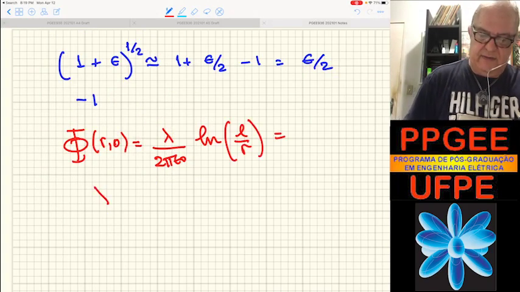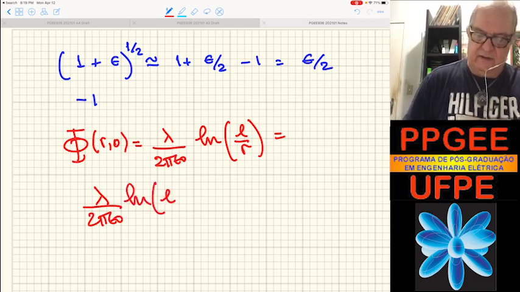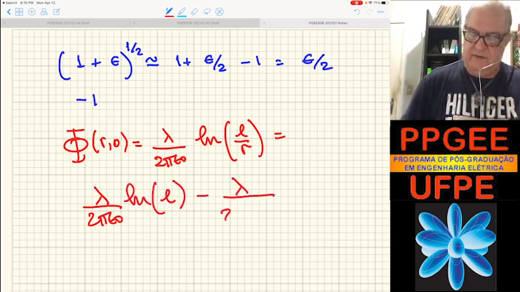So it equals lambda over 2 pi epsilon 0 log of L minus lambda over 2 pi epsilon 0 log of R.